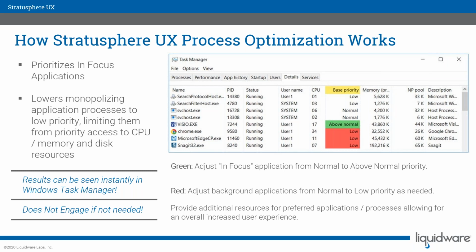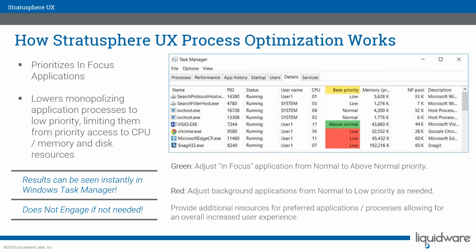Notice here in this example, Visio is my foreground application. But Chrome is running in the background, eating up a lot of CPU cycles, 34%, Edge is back there, Snagit is back there. Process optimization has taken my background processes and set them to low, and my foreground application, what's actually in focus, I'm clicked on and working on right now, Visio is set to above normal.